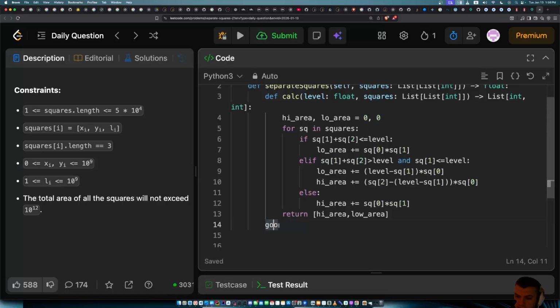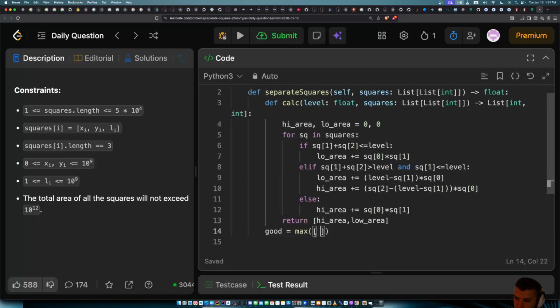Okay, I'll do this, let's say good gonna be, let's take maximum of, for square in squares, square 1 plus square 2.